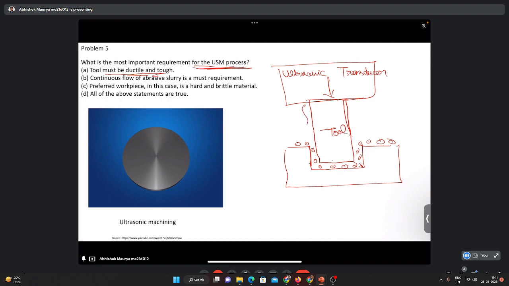The job of the tool is to transfer the load and the vibration to the abrasive particles, and this abrasive particle will remove the material from the workpiece by small fracture. But what kind of tool should it be? This tool should be strong. Strong means it should have high strength.